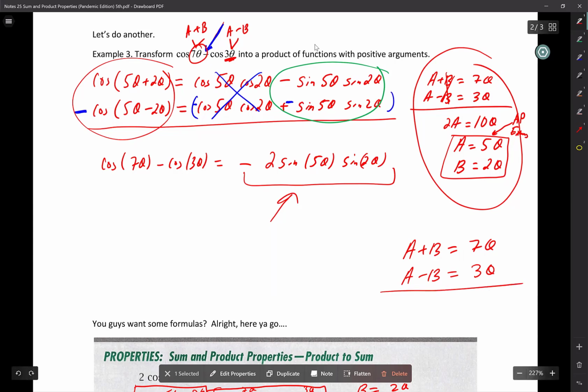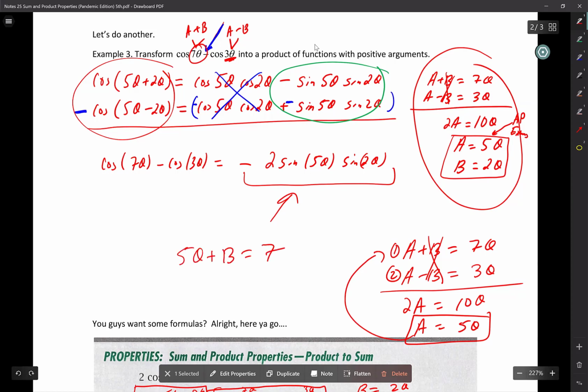So then I just added, and the B's cancel out, and you get 2A equals 10 theta. So A equals 5 theta. And then once I know that, I can plug it into whichever equation I want. I'm going to call it equation 1 and equation 2. 5 theta plus B must give you 7 theta. So subtracting that, B gives you 2 theta. And then, of course, you can also check it with equation number 2.